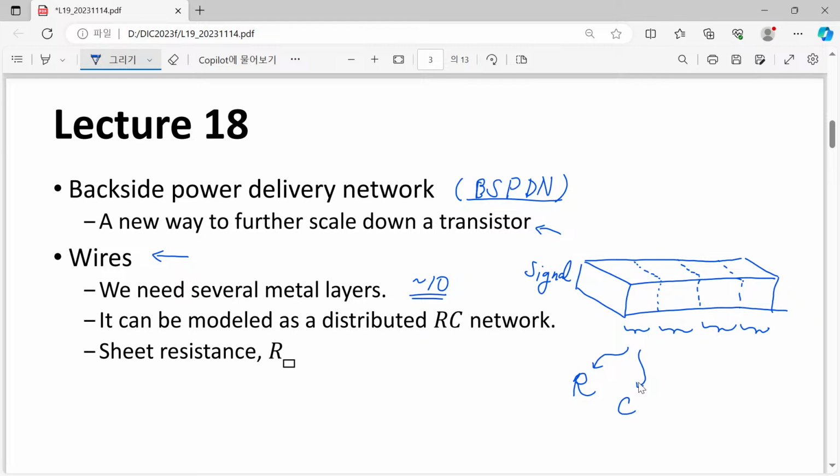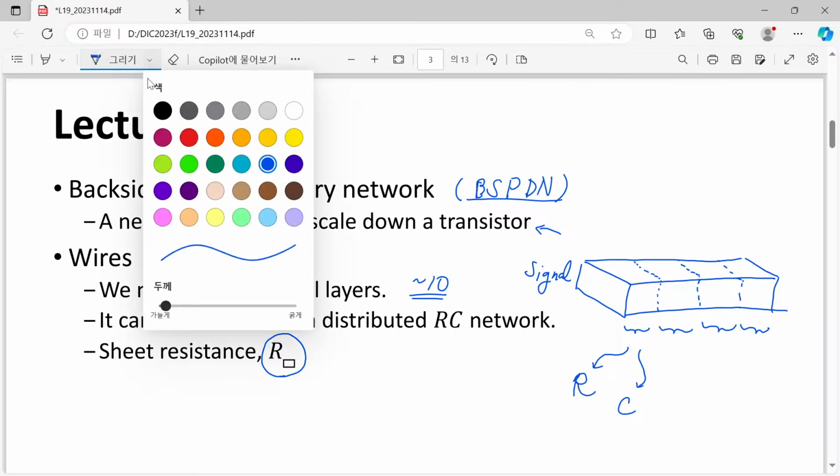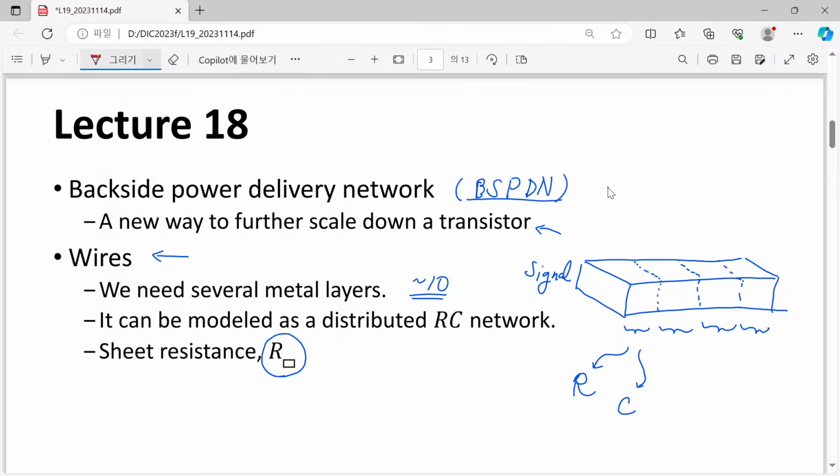In the previous lecture 18, we thought mainly about the resistance part of our wire. Sheet resistance was introduced. From the viewpoint of a designer, from the top view, they can see the length and width of the metal wire.